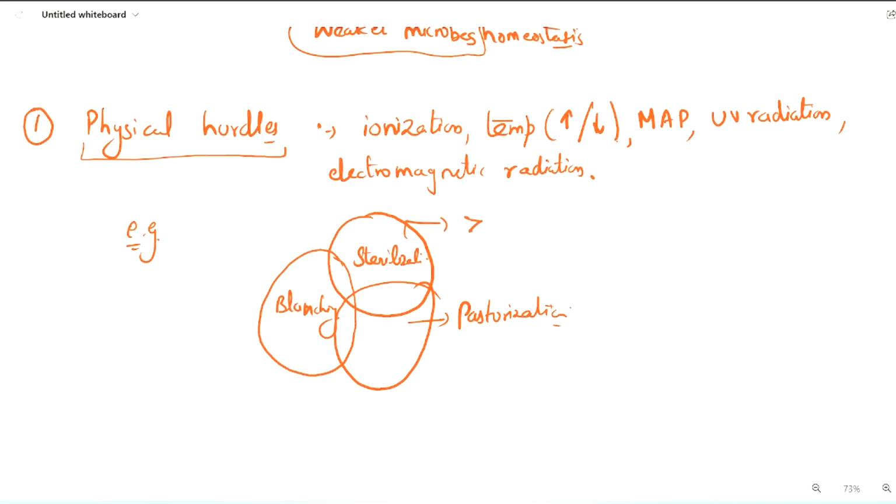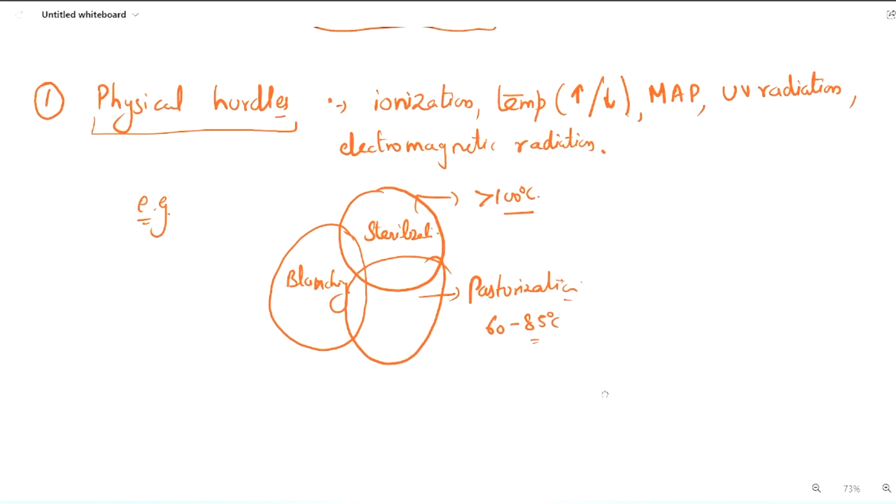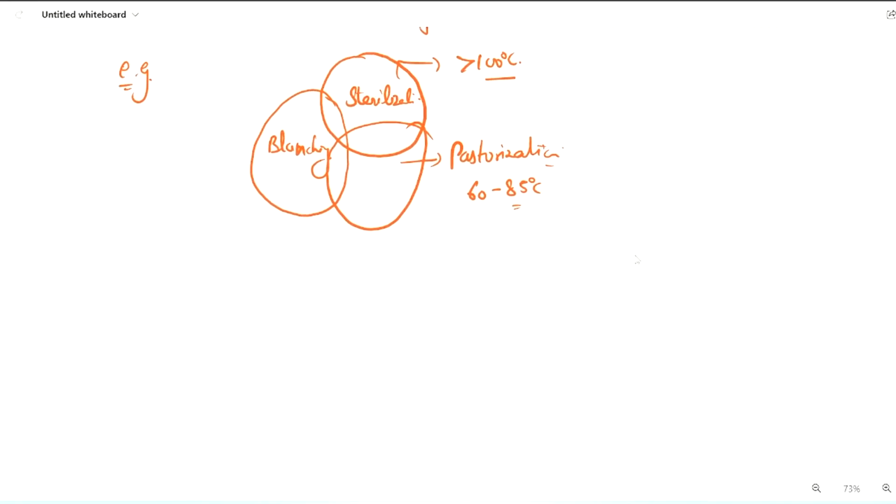Sterilization is used at more than 100 degrees temperature, whereas pasteurization is used between 60 to 85 degrees centigrade. All these are temperature treatments given to the food material, so that the food does not have any pathogenic microbes in it when it finally comes to your mouth.